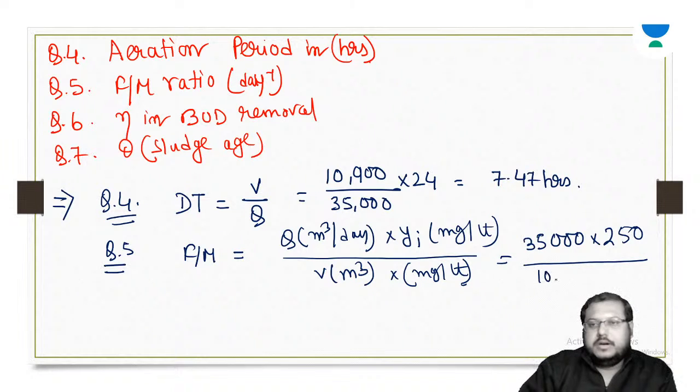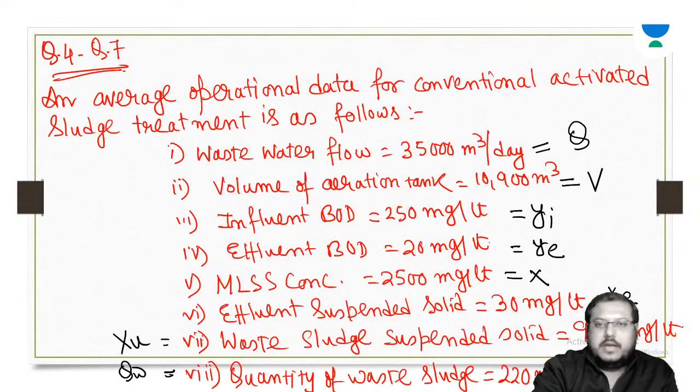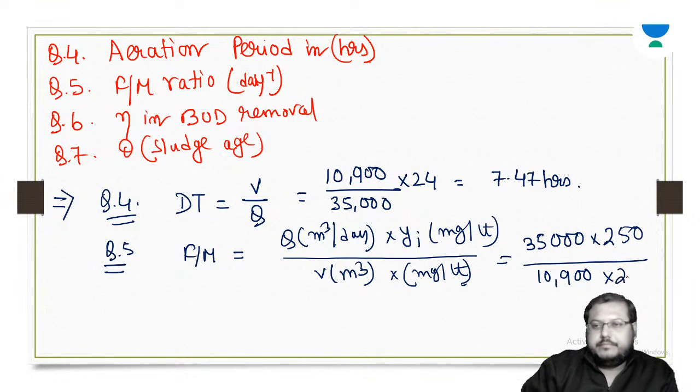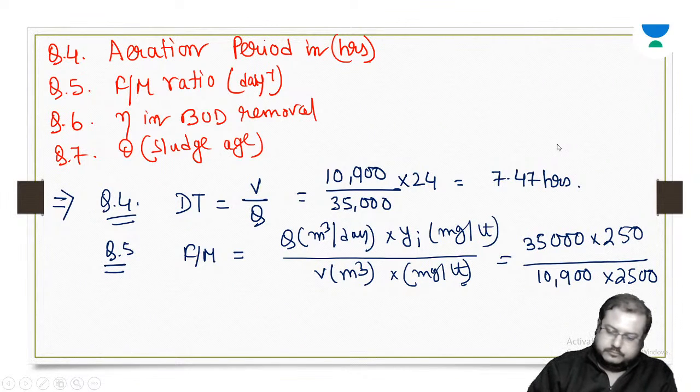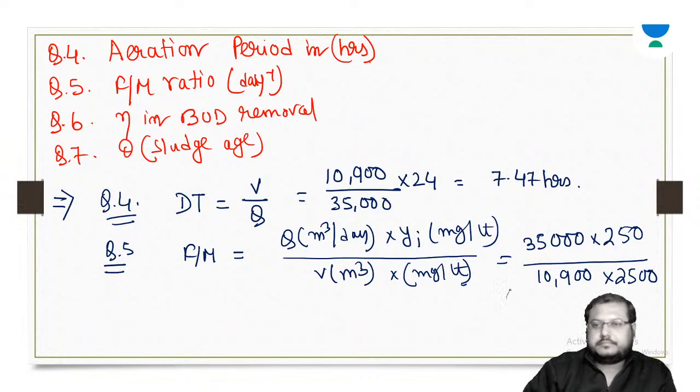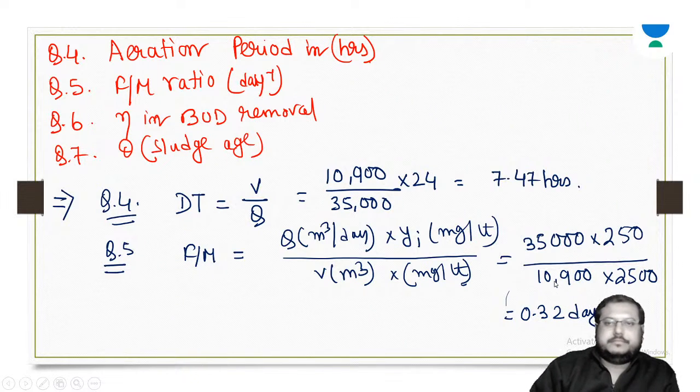Then volume 10,900 meter cube into X, which is MLSS, 2500. The result is 0.32 day inverse.